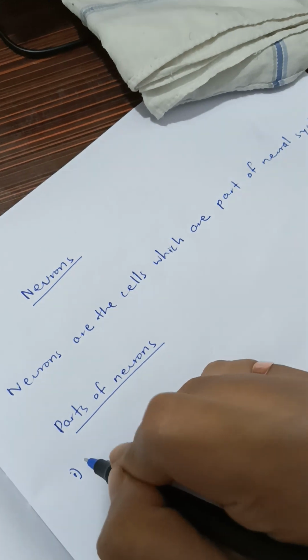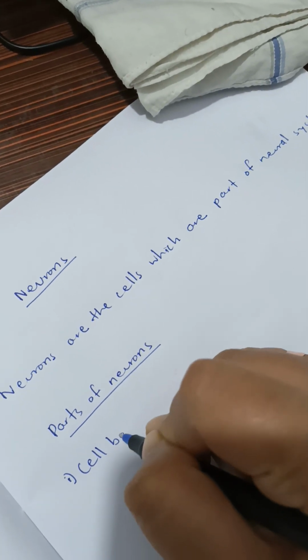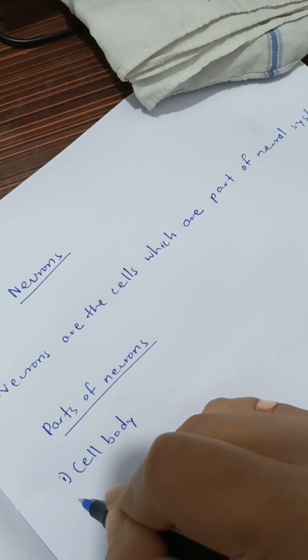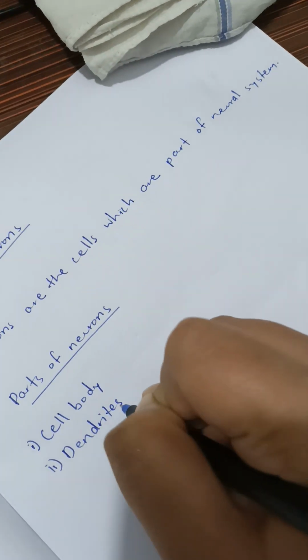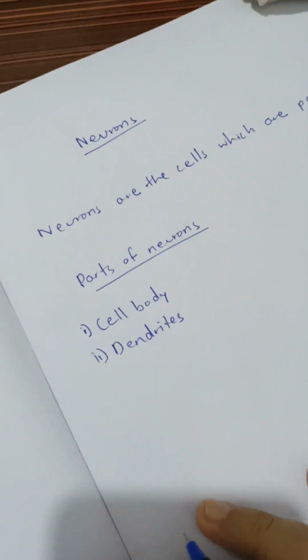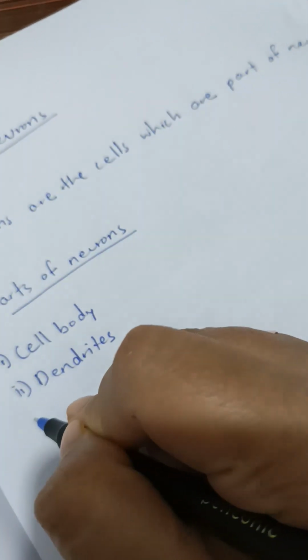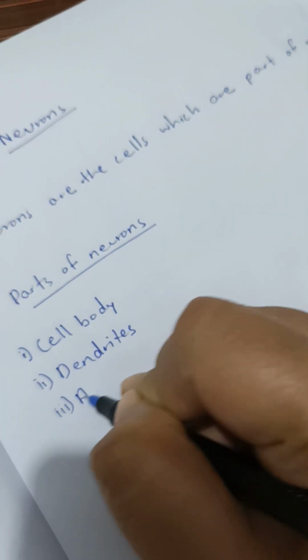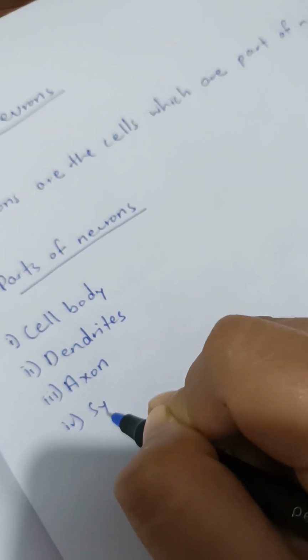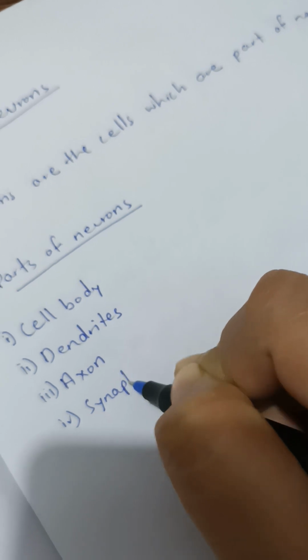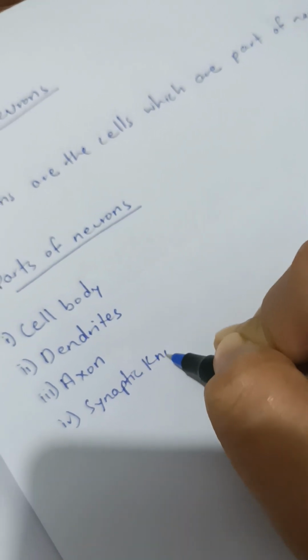The main parts of the neuron are the cell body, dendrites, axon, and synaptic knob.